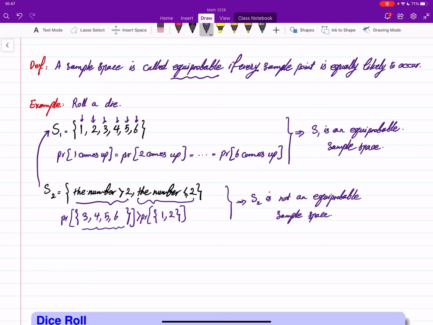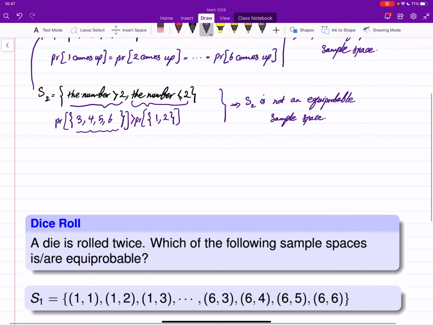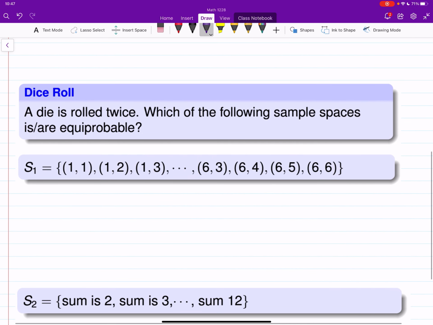While the examples will go in a very similar way, I have another example here, where this time a die is rolled twice, and now we have the following sample spaces. There are two here. We want to see if they are equiprobable or not. The first one is just listing all the possible outcomes. Here is the first roll, and this is the second roll.